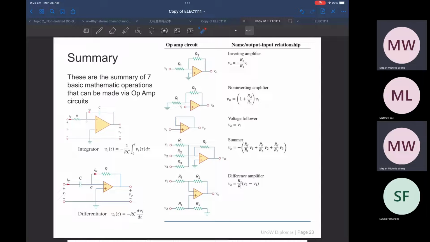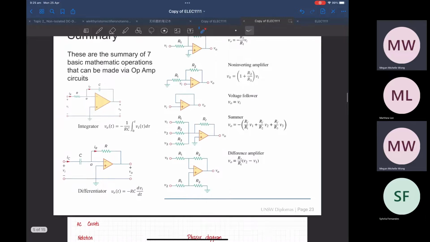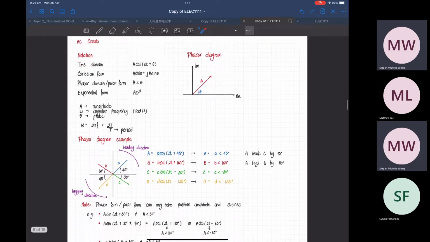Once you see this circuit, you don't need to do a nodal analysis, and you can just directly use this formula to get the gain or the output value. But if it's a more complicated circuit, like the ones we saw before, then it's probably good to do the whole nodal analysis.